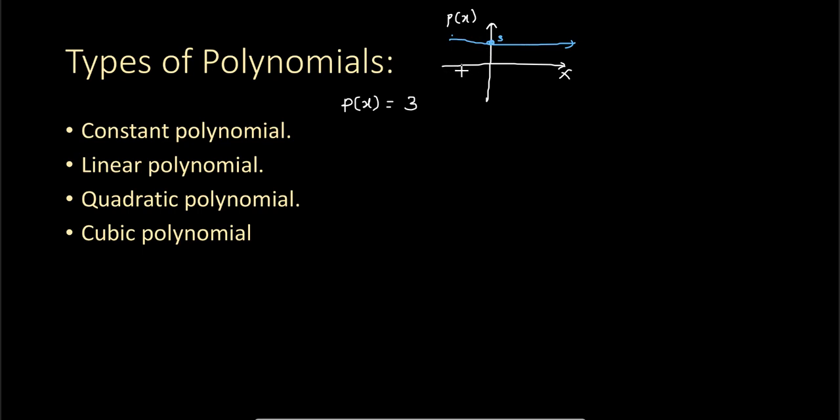And also, since p(x) = 3 is not intersecting the x-axis, that means it does not have any zeros. So we may write here that it has no zeros. So a constant polynomial is of order, let me write order here, of order 0.